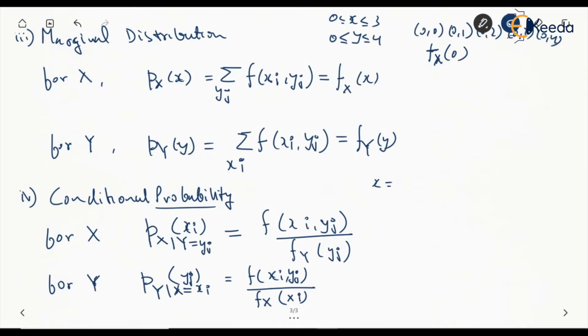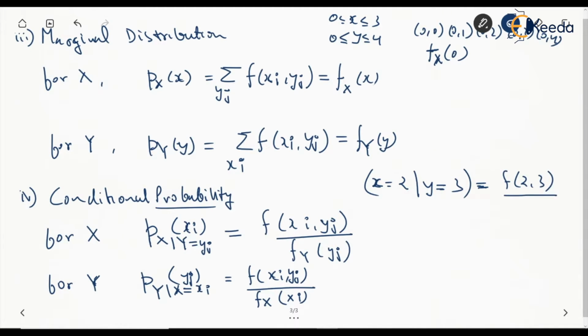So the understanding is, if we want to find the conditional probability that x is equal to 2 given y is equal to 3, first we can find the probability that x is equal to 2 and y is equal to 3, so that is 2,3, and then we can divide by the marginal probability for y equal to 3. That means all the conditions for 3, right?